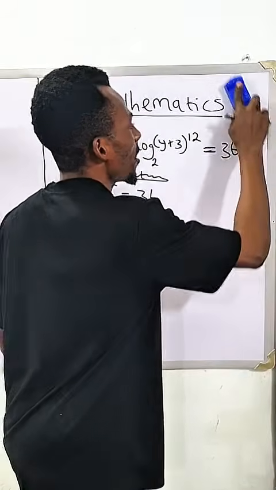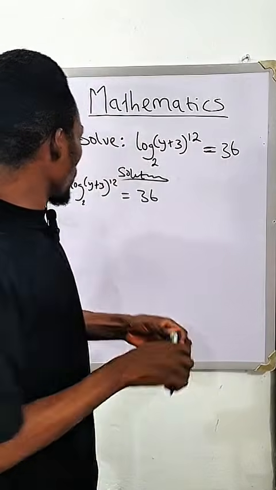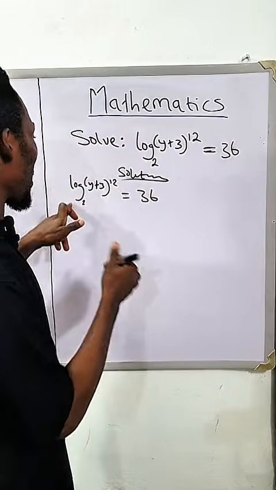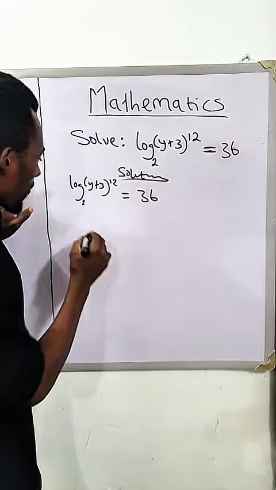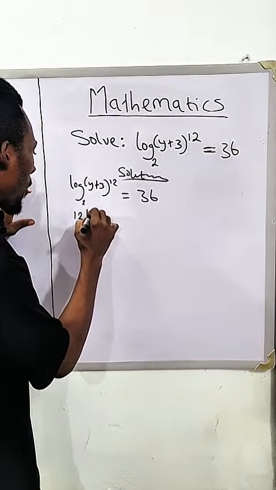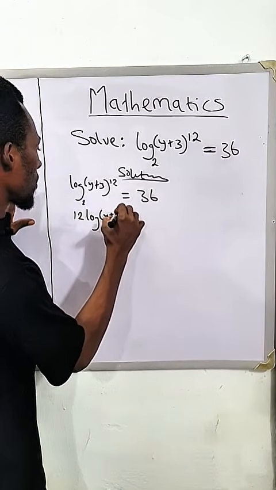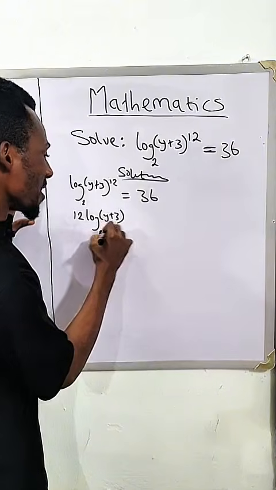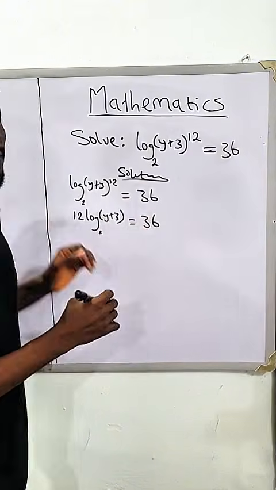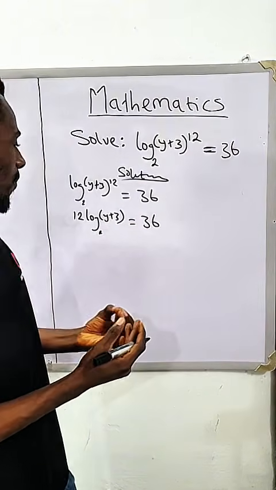So this is what I'm going to do here. I'm going to carry this 12 down, so I'm going to have 12 log base 2 of (y plus 3) equals 36. Now, what should be the next thing to do?